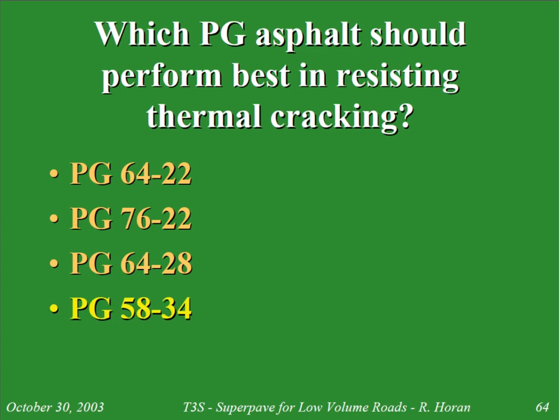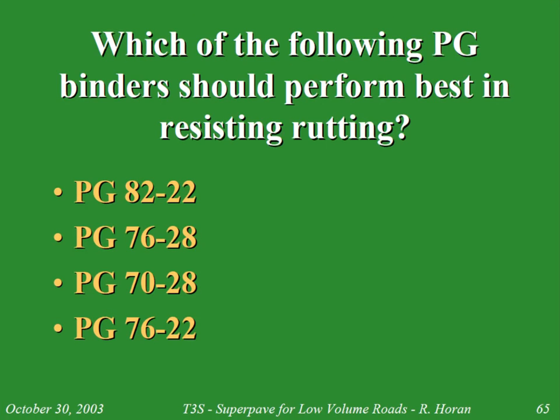Okay. Now, which binder should be used to resist rutting? So again, where does rutting occur? Rutting occurs at high temperatures, right? So remember, at very high temperatures, we see the asphalt binder start to lose some of its stiffness, and we see those depressions in the roadway. So in this particular case, we're looking for a binder that can support higher temperatures.